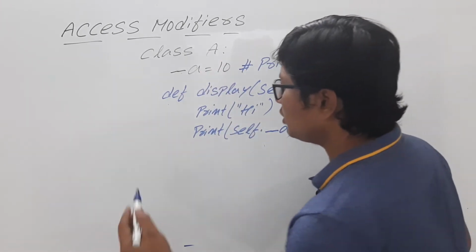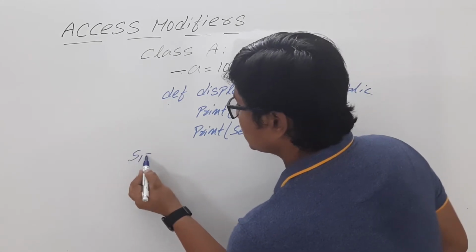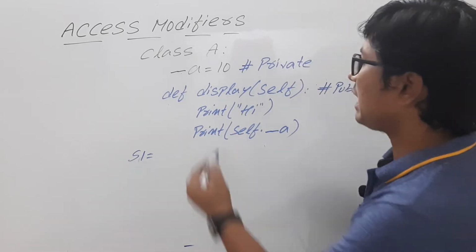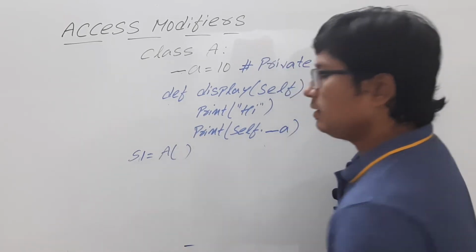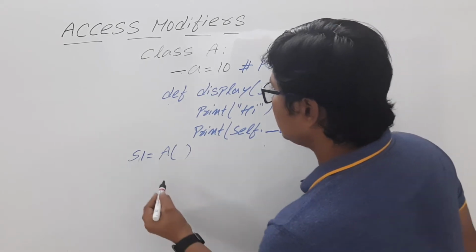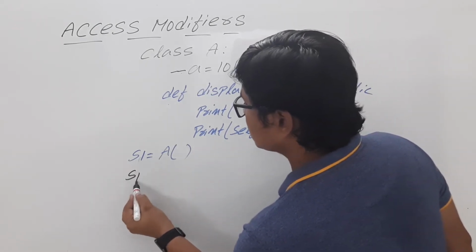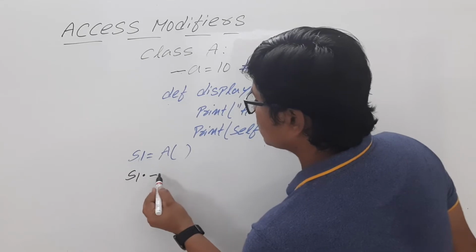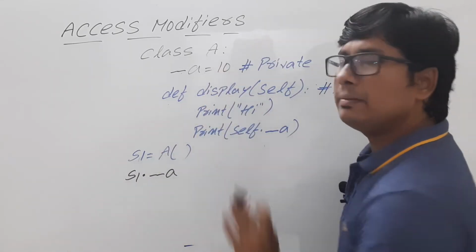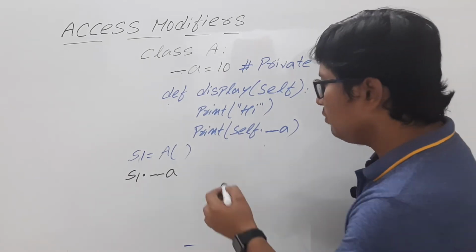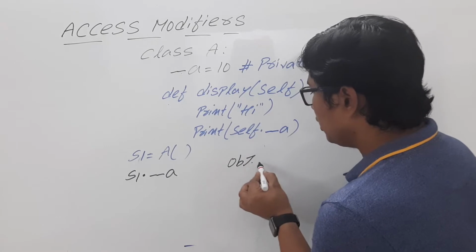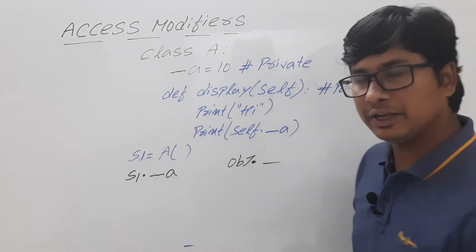So first I will create an object called s1 for the class called A. Then if I directly access s1 dot double underscore a, you know that normally if it is a public variable, we will access that variable with the help of the object name dot and the variable name.